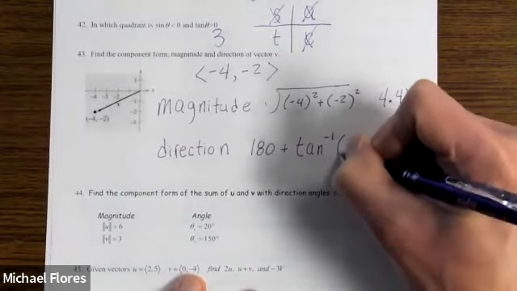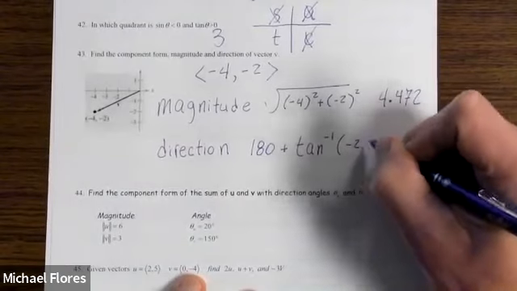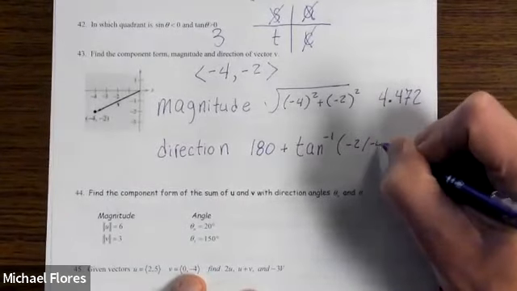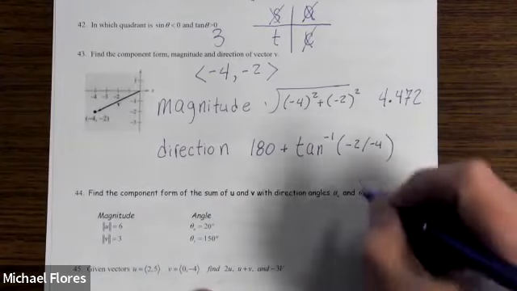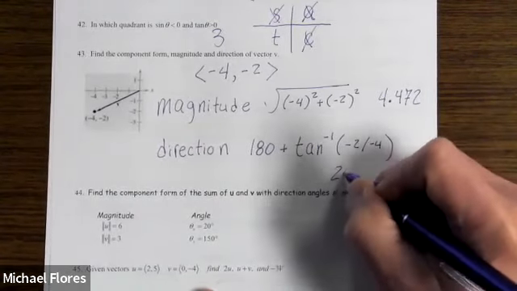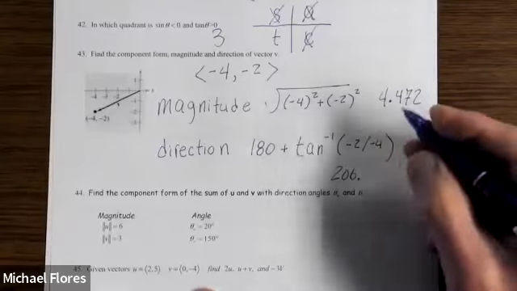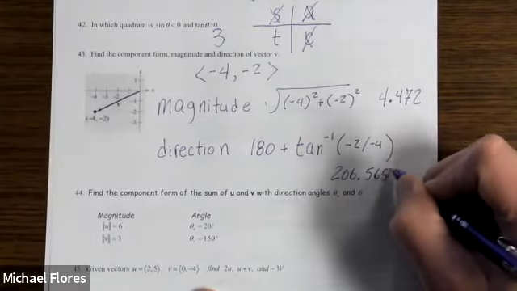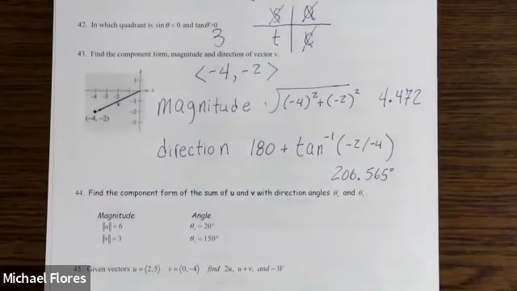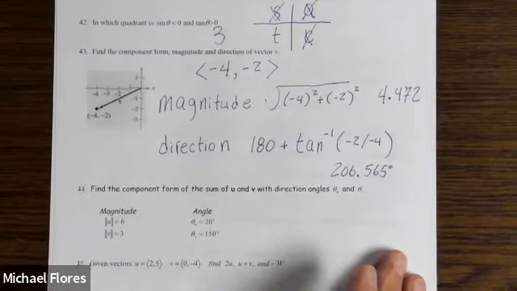Inverse tangent of y divided by x. If you do it correctly, you would get an answer of 206.565 degrees. All stuff we covered last unit.